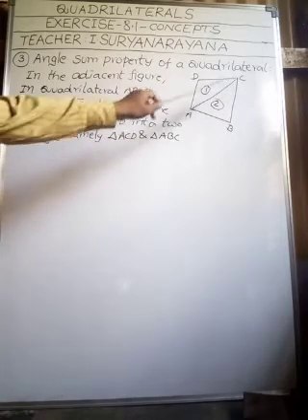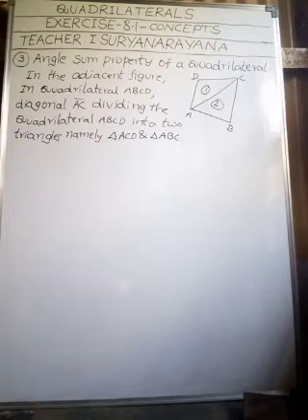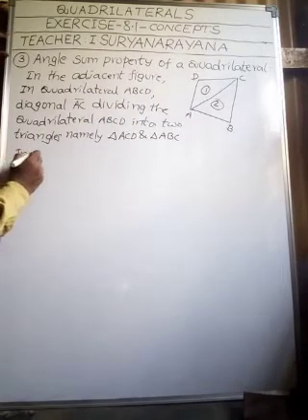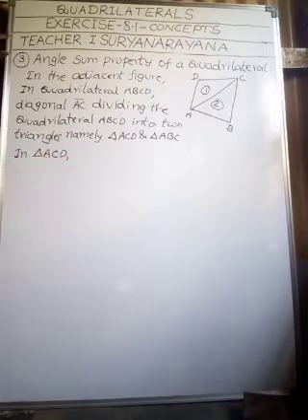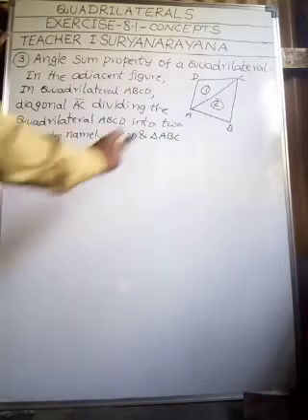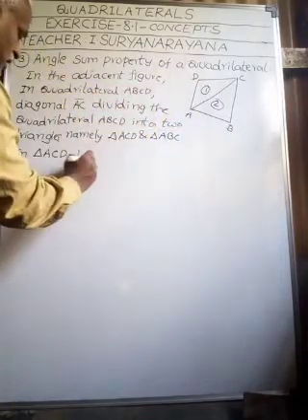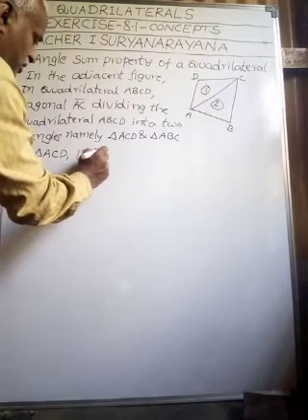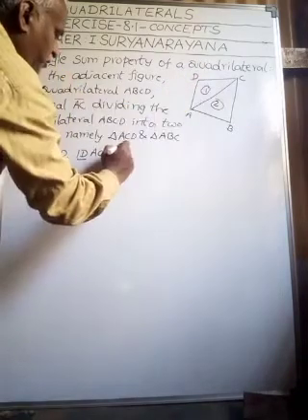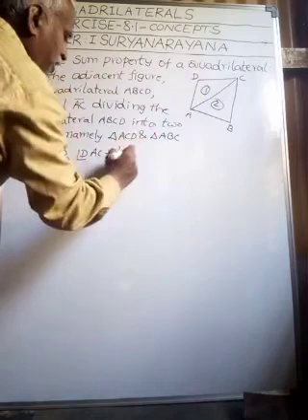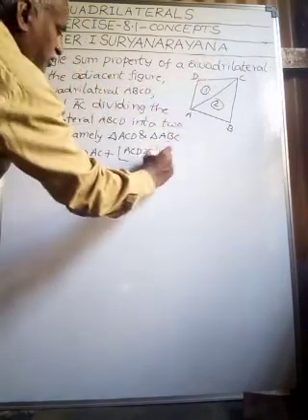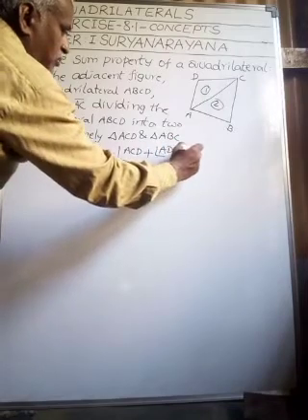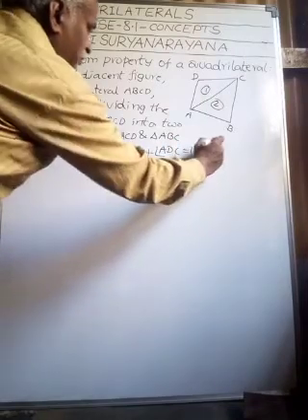In this triangle ACD, you know the angle sum property of a triangle. So in triangle ACD, angle DAC plus angle ACD plus angle ADC is equal to 180 degrees.